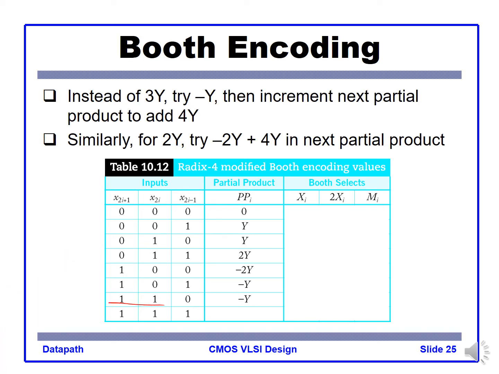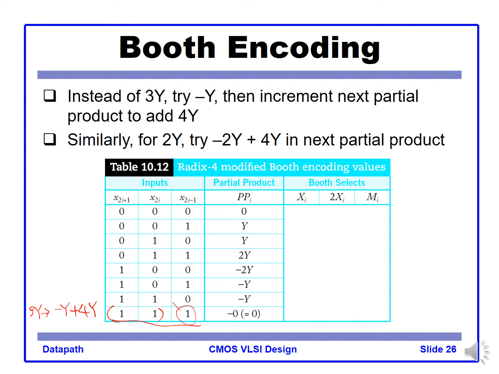Here that's supposed to be plus 3y, but that is decomposed into minus y plus 4y, right? So minus y is encoded here. The final one is supposed to be 3y generation by looking at 2, but that comes to minus y plus 4y.